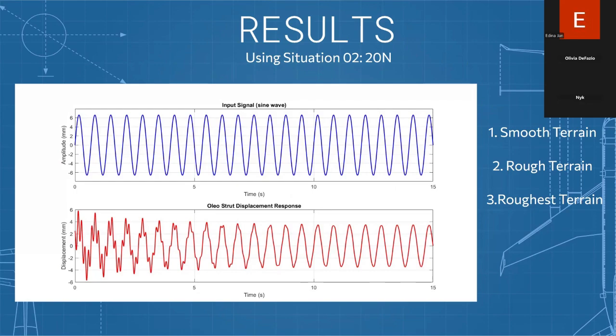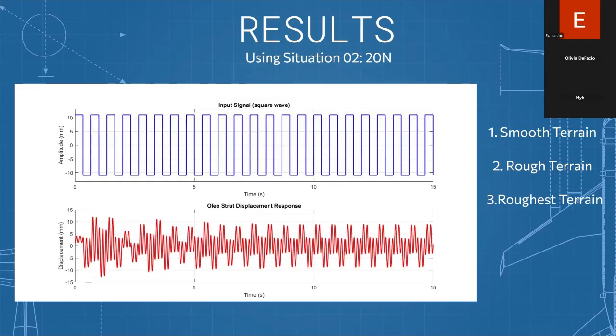If you look at the rough terrain, we were able to overall show that the maximum values aligned with our experimental data. Same thing with the roughest terrain. However, the actual displacement graphs don't show it nearly as accurately, as we would like to see this as more of a square wave in the future.